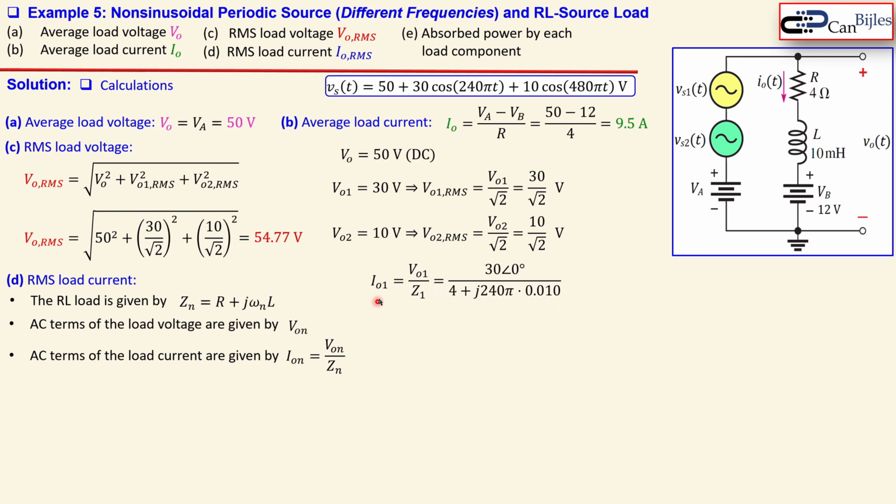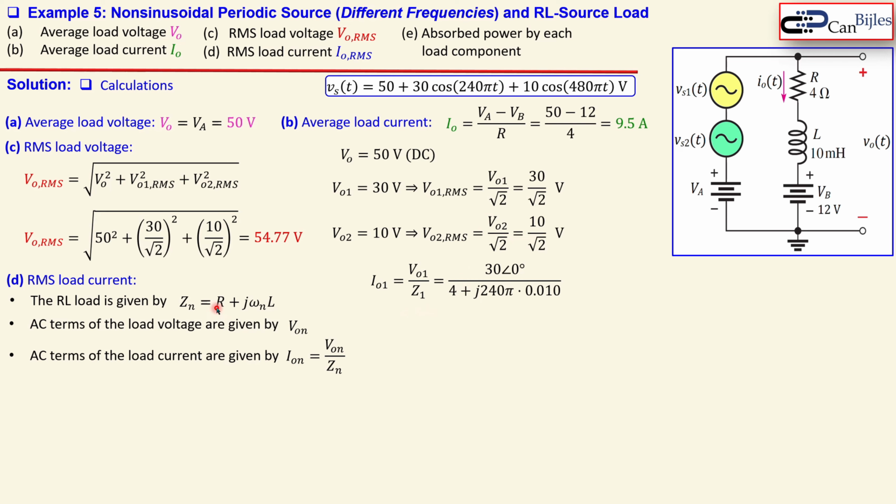Now the first one, IO1, is equal to VO1 over Z1. This 1 really refers to the first frequency, which is here in this case 240 pi. I start with 30, and then the angle is 0 degrees because there is no angle in the parentheses for the cosine.